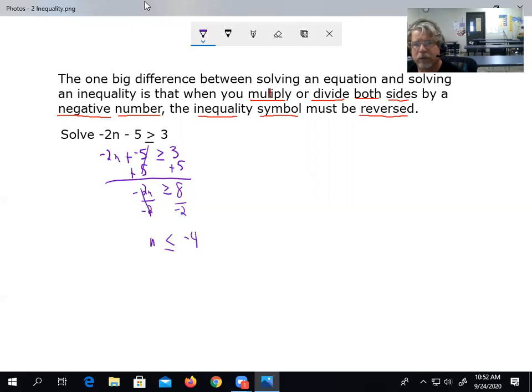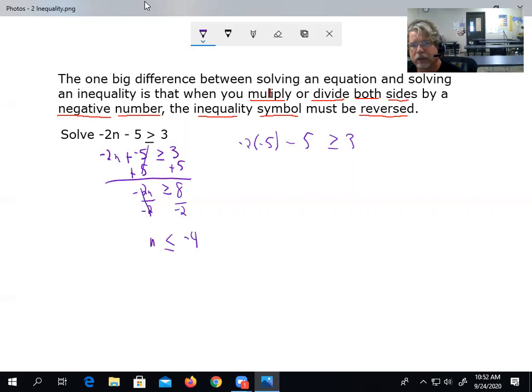If I wanted to confirm this, what I can do is pick a number less than or equal to negative 4. So I could try a negative 5. Negative 2, if I substitute negative 5 in for n, when I work this math out, I should get a true statement.